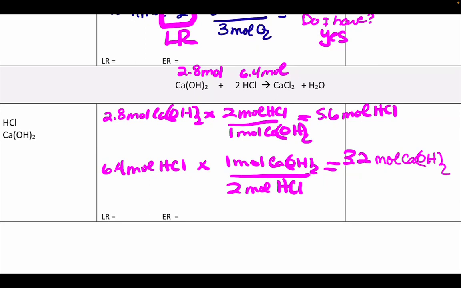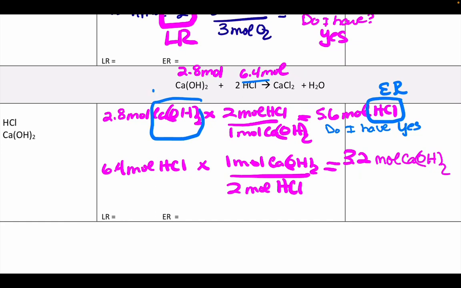So now I have to ask myself, do I have this? Do I have 5.6 moles of HCl? And my answer is yeah. I have 6.4, so I have more than enough. So that means this is my excess reactant, and this is my LR.